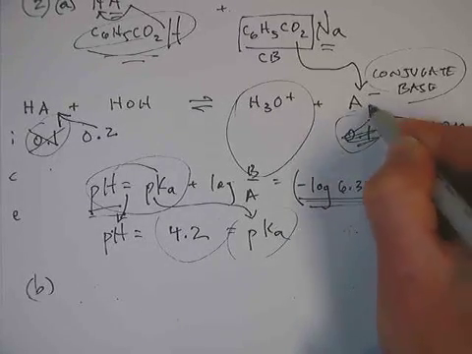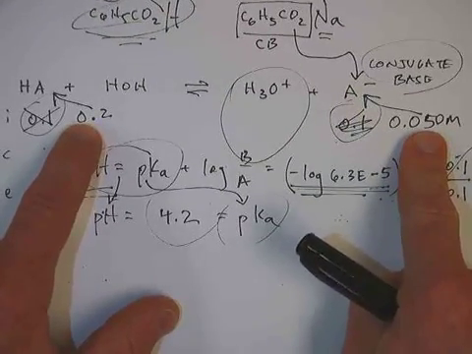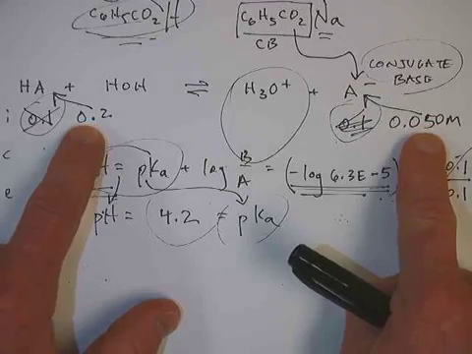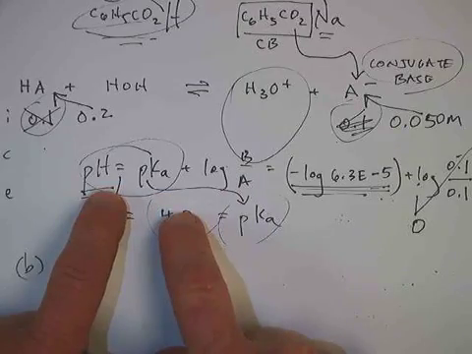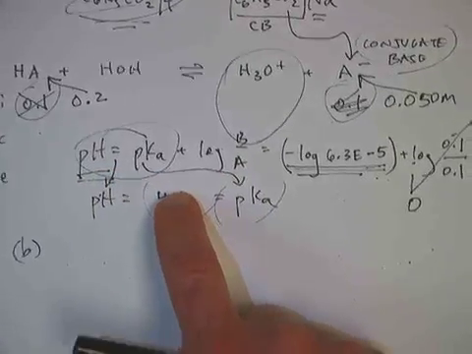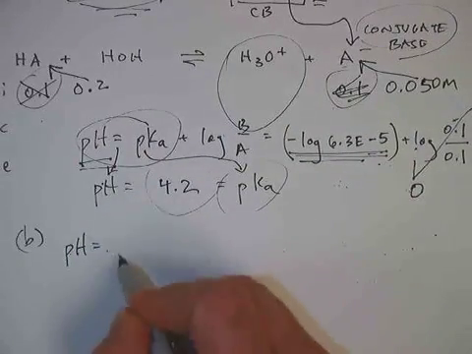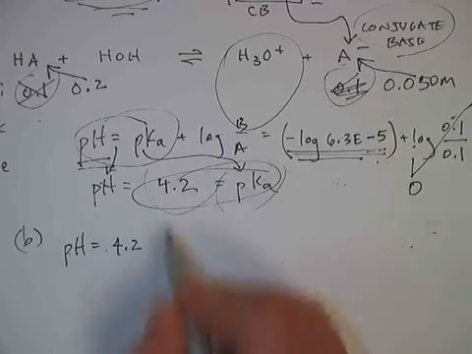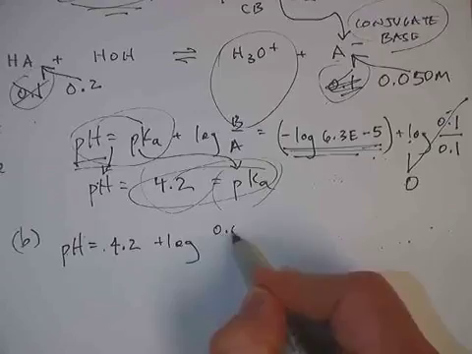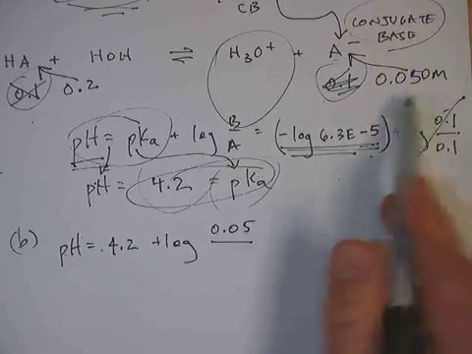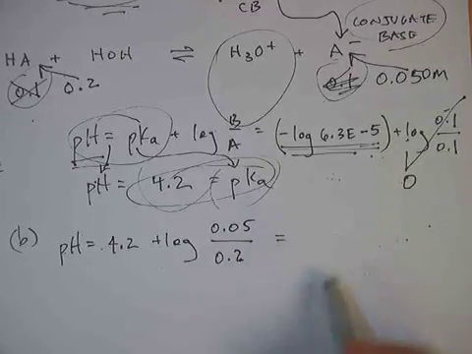So now I have the same equilibria, except this time it's not 0.1 here, it's 0.2 molar in benzoic acid. And then secondly, it is 0.05 molar in sodium benzoate. So we have 0.2 and 0.05. All right, well, now we can take these values and put them into the Henderson-Hasselbalch equation, especially since we know the pKa of it, and it makes the calculation really easy rather than doing the full ice table.